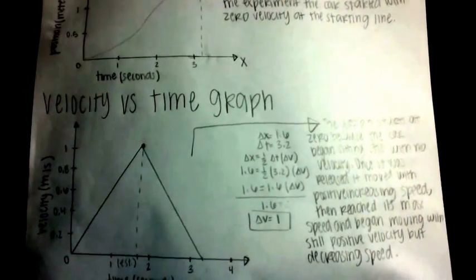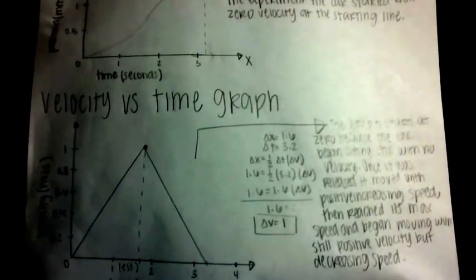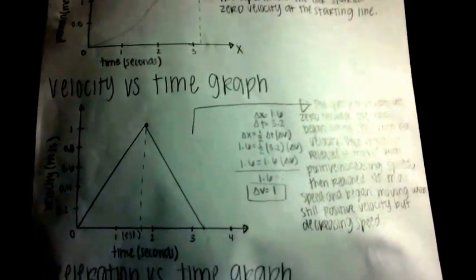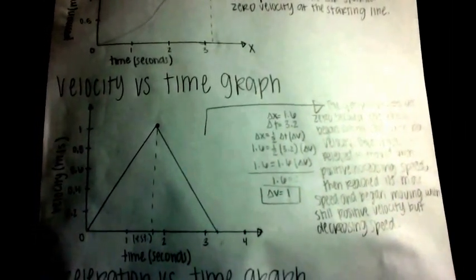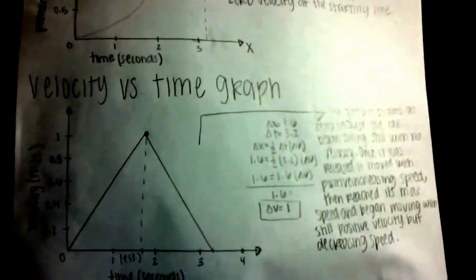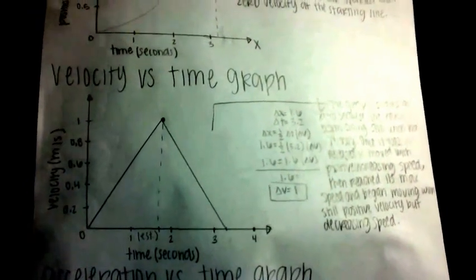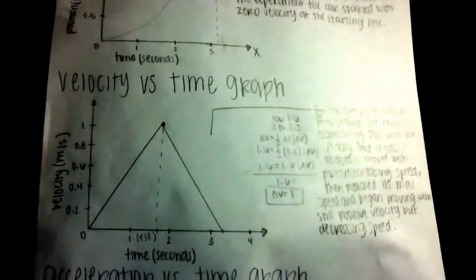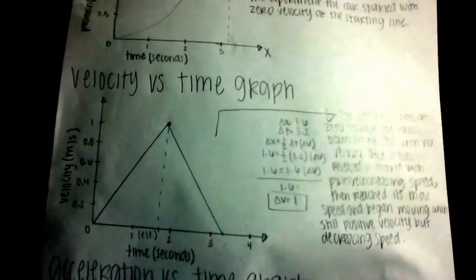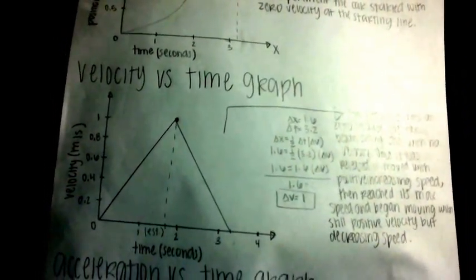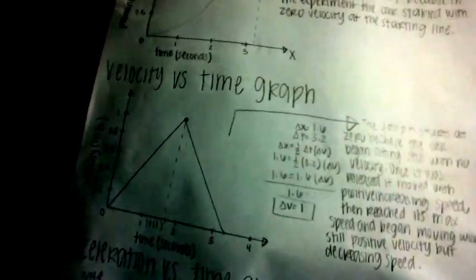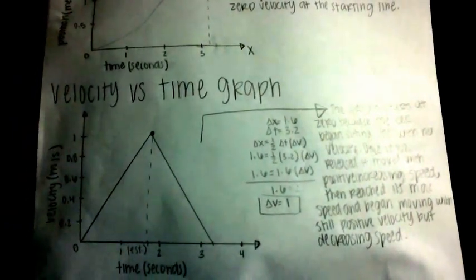So we just plugged in the numbers, or values, that we already knew into the equation, and we got our velocity equals 1. And this also begins at 0 because the car doesn't have any velocity when it starts, but it begins to move with positive increasing velocity, and then it reaches a peak and begins to slow down and is still moving with positive velocity but decreasing in speed.